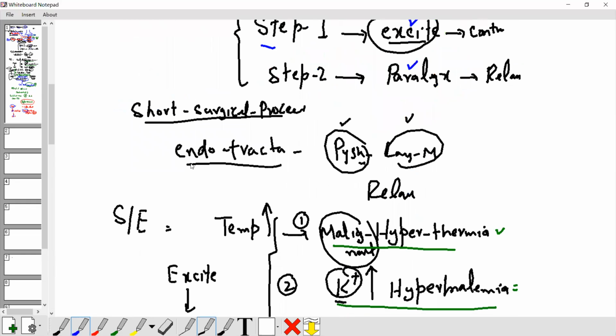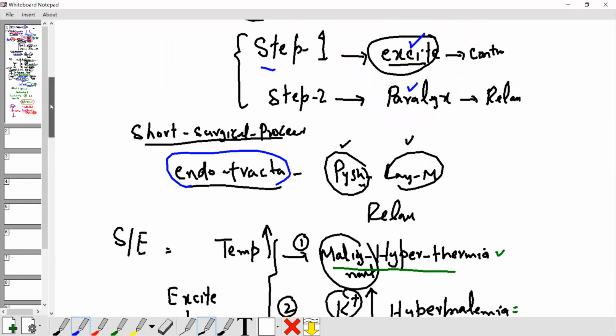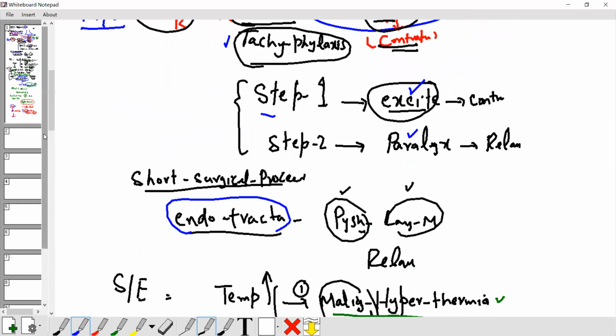Just before giving anesthesia, we put in an endotracheal tube for breathing, and we use succinylcholine to relax the neck muscle. Understand? Succinylcholine first relaxes the facial muscles, then the upper limb muscles, then the lower limb muscles.